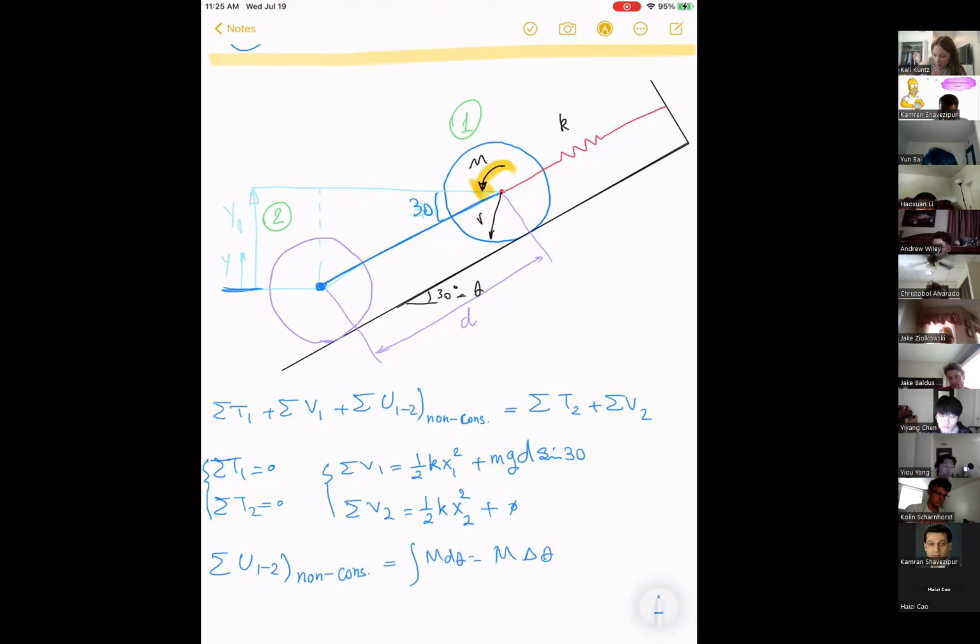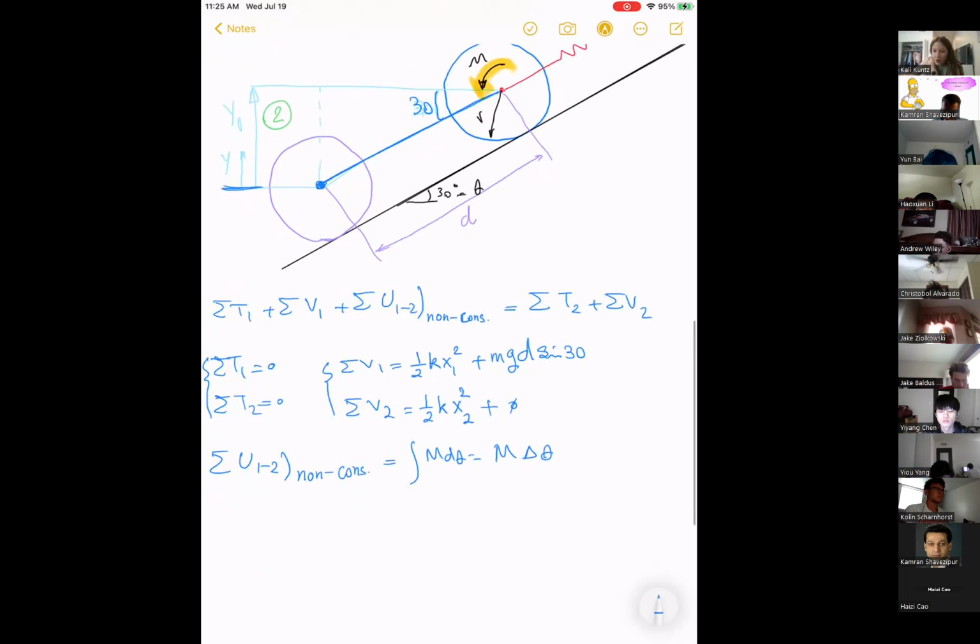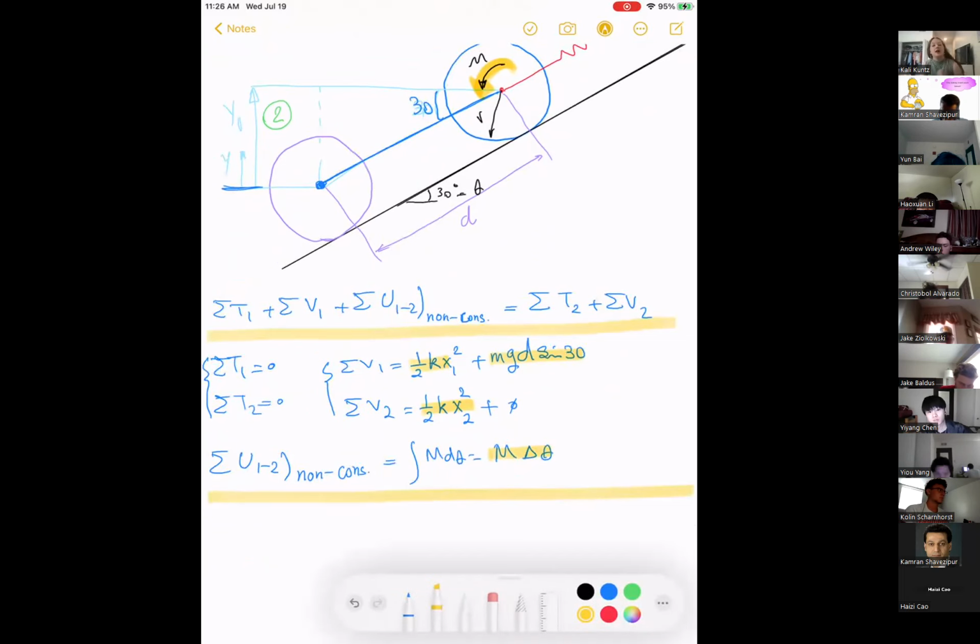The question is, how much is this delta theta? Let me put all the parameters in the equation first. You have this guy, this guy, this guy, and this guy, right? I'm going to substitute in the main equation to make the life easy, and then we're going to go find one by one.